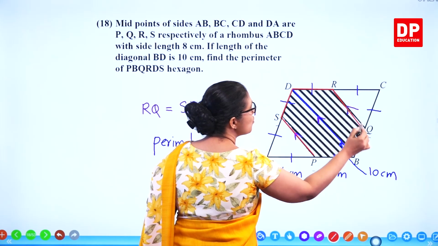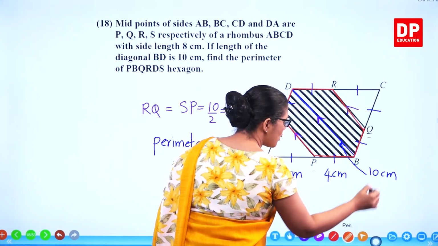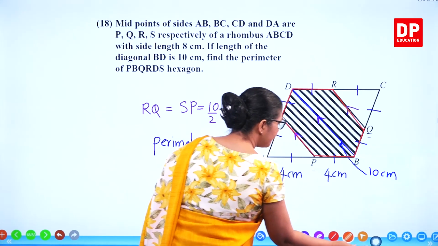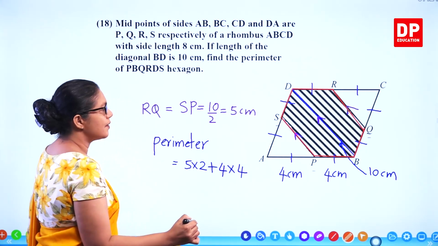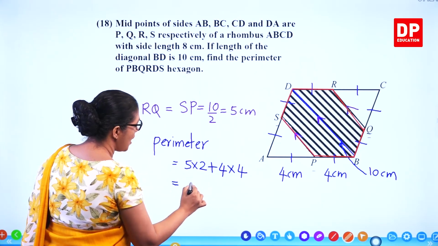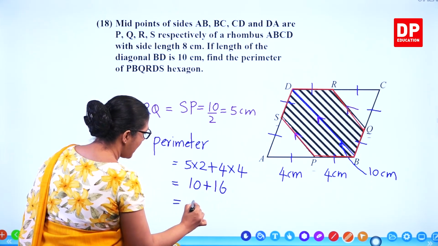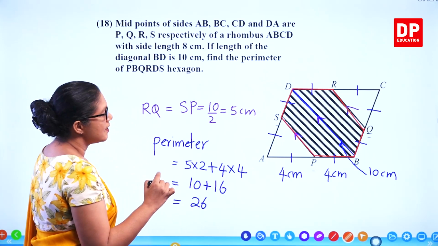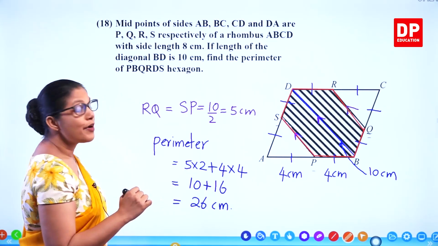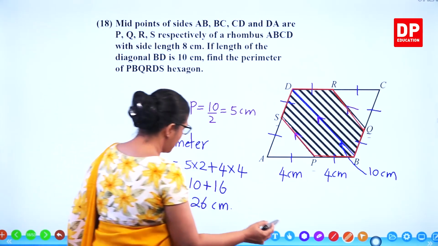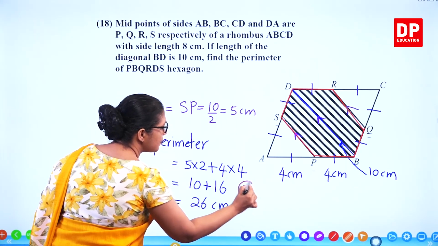This is also 4. 2, 3, 4. 4 times. So plus 4 times is the perimeter. So 5 times 2 is 10. 4 times 4 is 16. 16 plus 10, 26 centimeters, because this is a length. So the perimeter of this shaded part is 26 centimeters. So 2 marks.